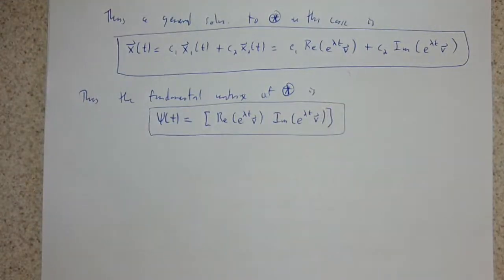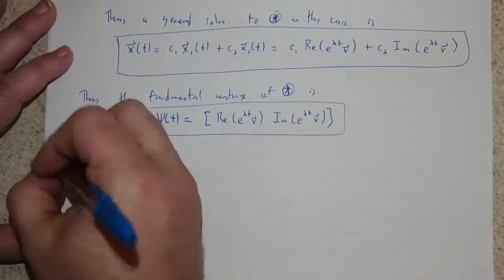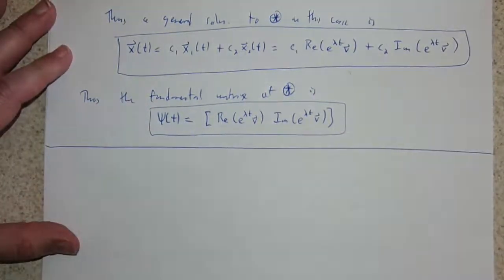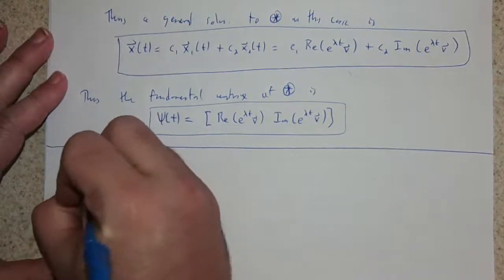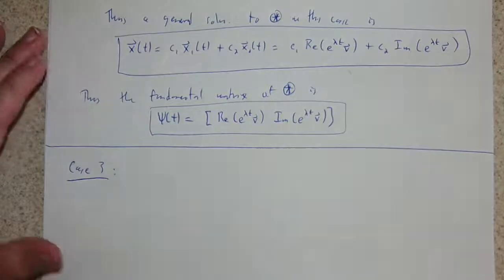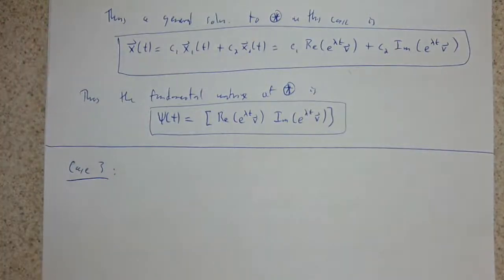And I find the natural fundamental matrix, or the matrix exponential, in the exact same way. Okay. All right. And so, now for case 3. This is kind of sort of the trickiest of these cases.